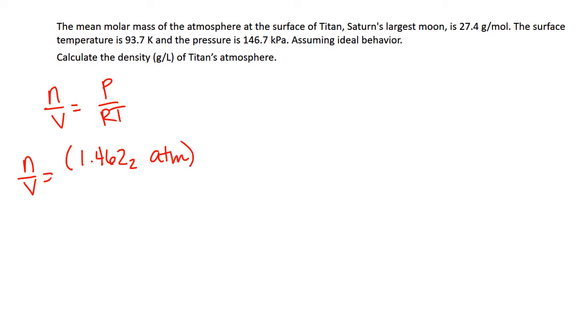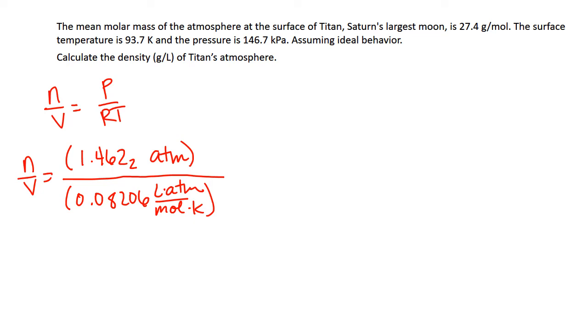When I use my calculator, I keep all of the digits from the pressure that I calculated earlier, but I'm just writing down one extra. I'm going to divide that by R, which is 0.08206 liters times atmospheres over mole K. Remember those units. And then the temperature of the atmosphere is 93.7 K.